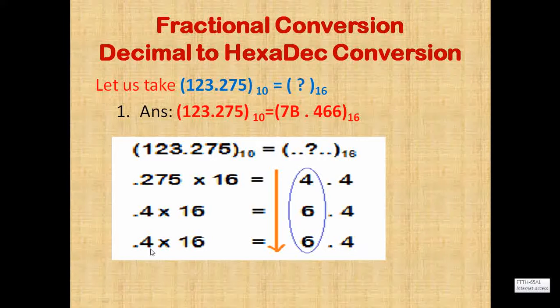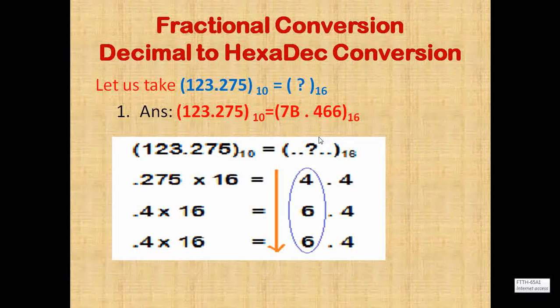So we can again multiply this 0.4 by 16, and we have to repeat this till we get 0 in the fractional part. But as we can see, we are getting the same digit in the fractional part again and again. So when this type of situation arises, we stop after 3 or 4 steps.